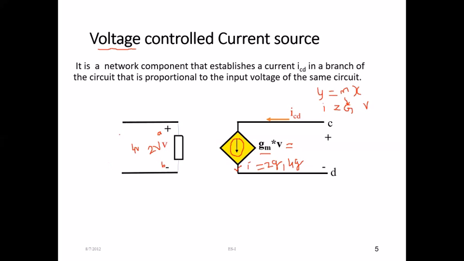If voltage across this becomes 0, the current given by the current source will become 0. So it is called voltage controlled current source or voltage dependent current source. Current source is therefore indicated with an arrow within the rhombus. As it is voltage dependent, the slope is conductance.